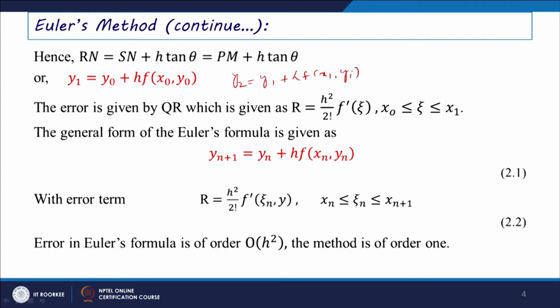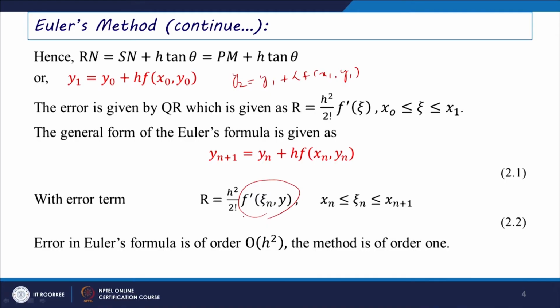Similarly, if you proceed, then in the nth form we can write yn plus 1, this is nothing but yn plus h f of xn yn here, with the error term r equals h square by 2 factorial f dash of zeta n. This error term is always represented in the first order differential form here, where zeta n lies between xn and xn plus 1.